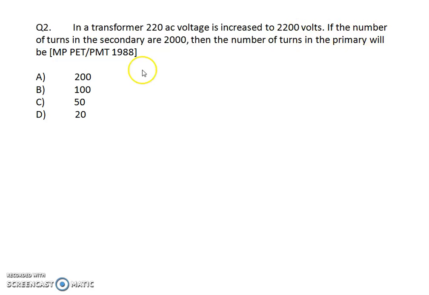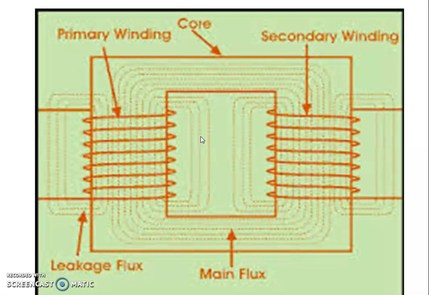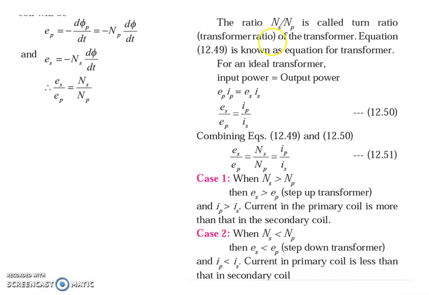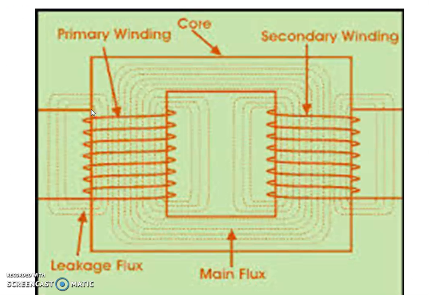Then the number of turns in the secondary are 2000. So if Ns is given as 2000, you have to find out the number of turns in the primary. We know this relation, that is Es upon Ep is equal to Ns upon Np. So Es is given, Ep is given, and Ns is given. You have to find out what is Np.